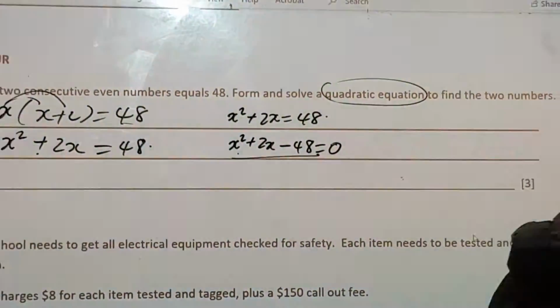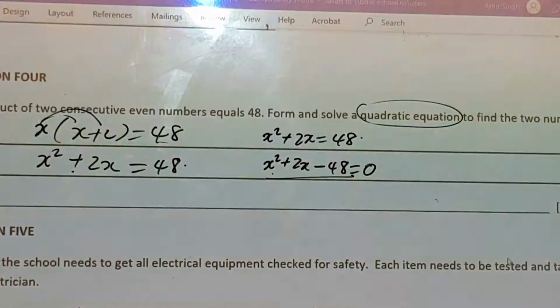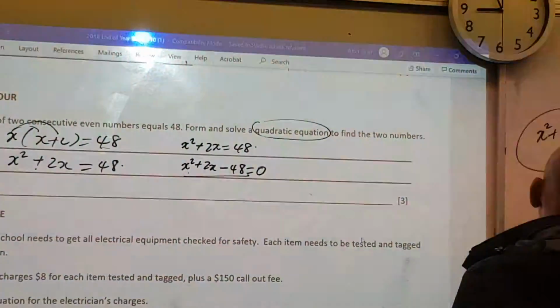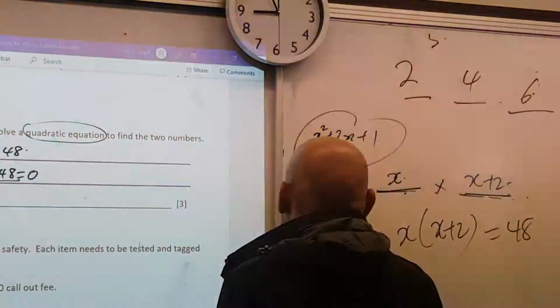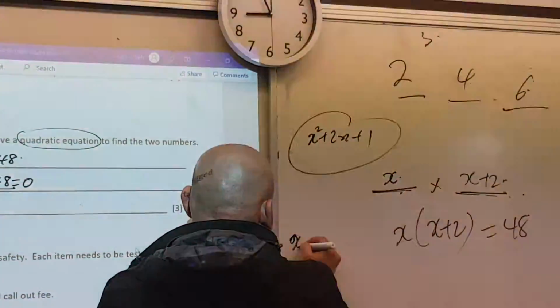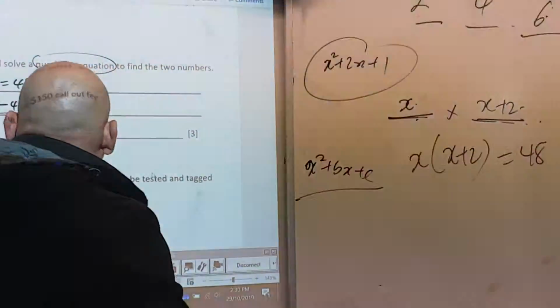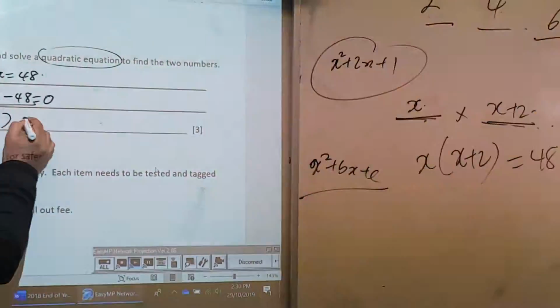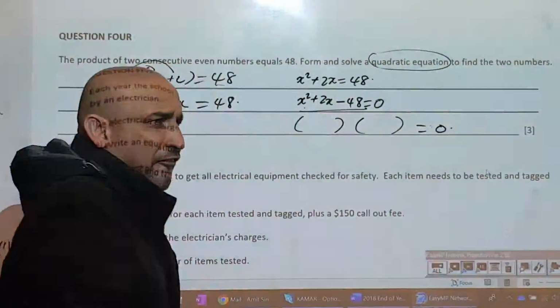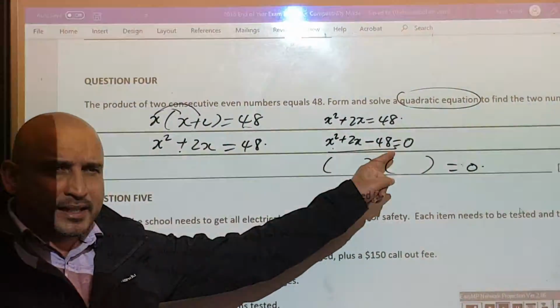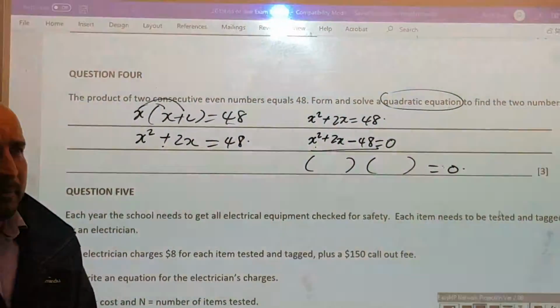A quadratic equation is any equation in the form of x squared plus bx plus c. This is a general quadratic equation. So now, what do you do from here? Find two factors of negative 48 that give me plus 2.